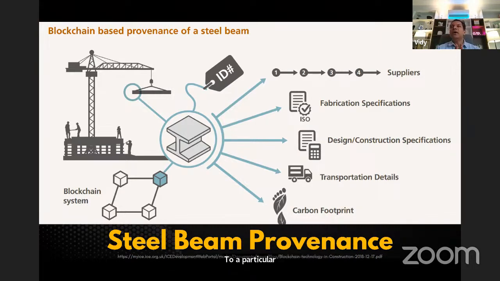So you have full end-to-end traceability. If anything goes wrong, you have all the information required to make your case. And finally, it also captures the carbon footprint, which means how much carbon was generated in this manufacturing process.